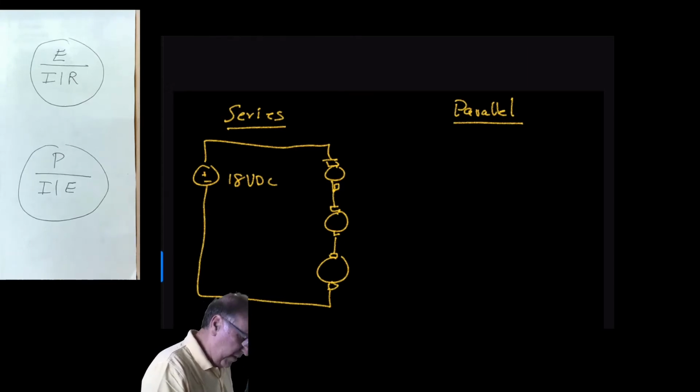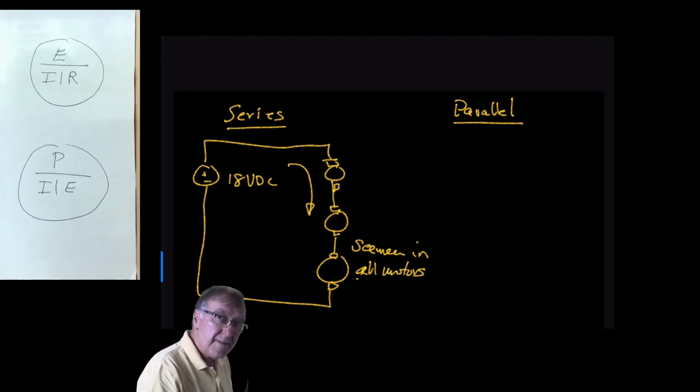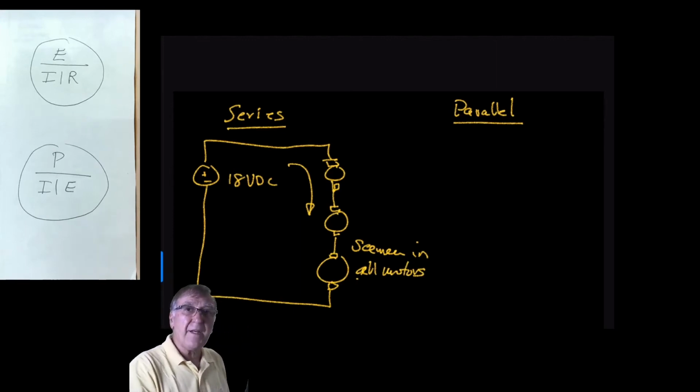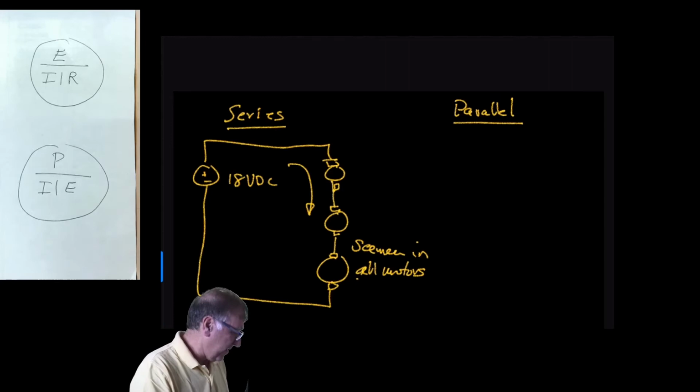And one thing we notice is that we have current flow through the loop, so we have the same current in all motors. And by the way, you're going to have a lab next week on this very subject.